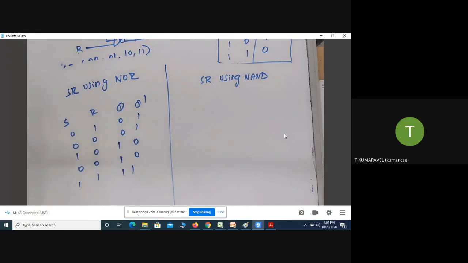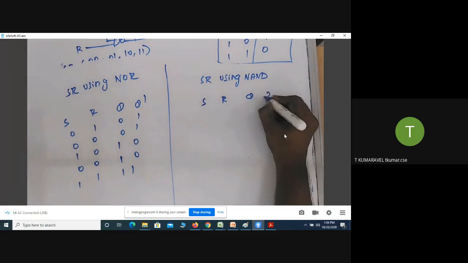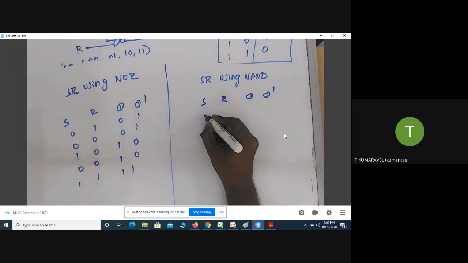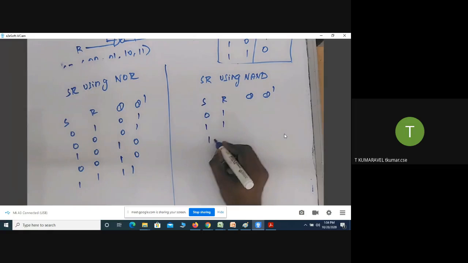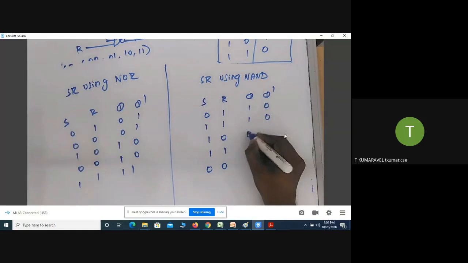Similarly, for SR implementation using NAND gate, the outputs are Q and Q bar. The input combinations are 0 1, 1 1, 1 0, and last 0 0. The output combination is 1 0, 1 0, 0 1, 1 1.